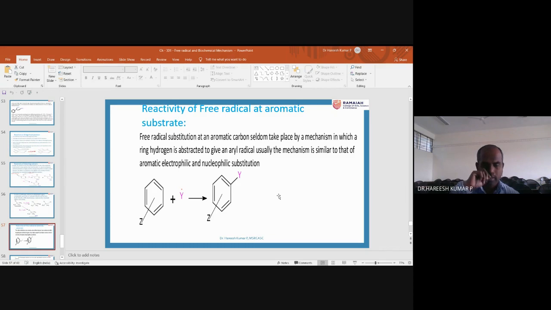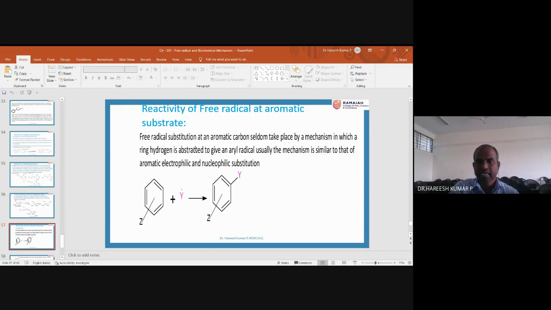If an electron donating group is present, it directs the incoming group to the ortho and para positions. If an electron withdrawing group is present, it directs the incoming group to the meta position.